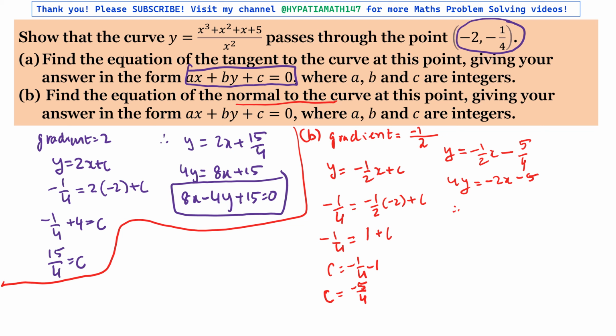Therefore, expressing it in the form that we've been asked, 2x plus 4y plus 5 equals 0, and that is the equation of the normal.